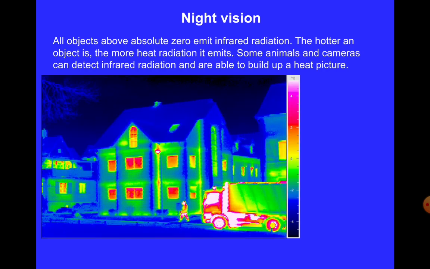Now, what we see here, we see a house, and we have been talking in thermophysics about insulation. We see the windows, we see a car which has a motor which probably warms some part of the motor.